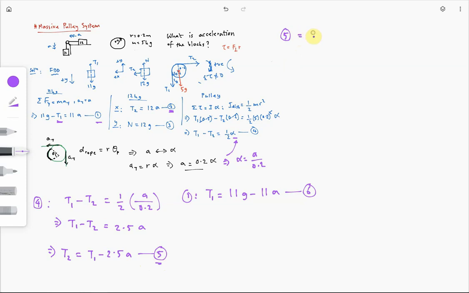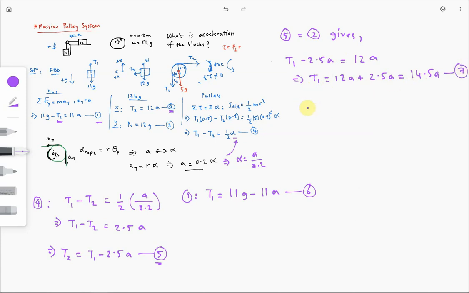So equation 5 equal to equation 2 gives, in place of T2, T1 minus 2.5a equal to, the right hand side of equation 2, which is just 12a. Therefore T1 is equal to 12a plus 2.5a, which is just 14.5a. Alright, let's call this equation 7.